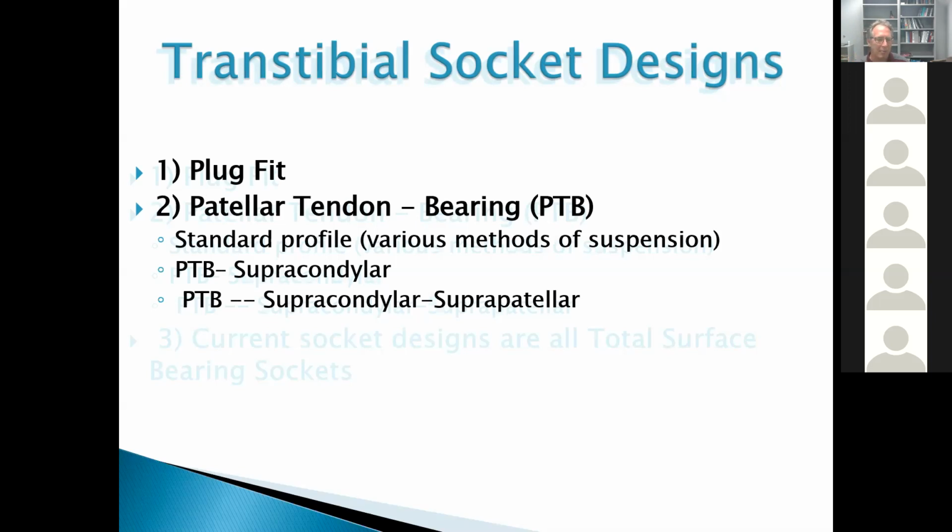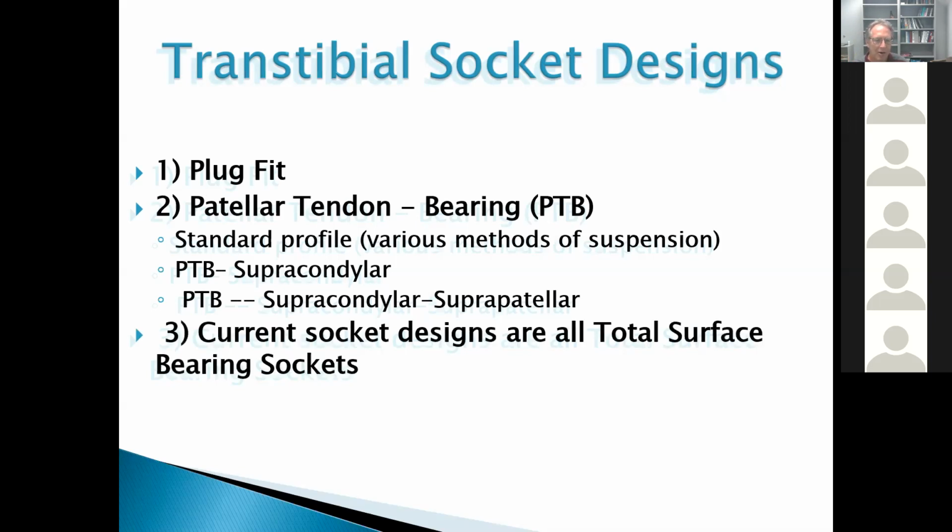So that became popular in the latter half of the 40s, and there's a few types of those. And all current socket designs are total surface bearing. So really the main weight bearing are these areas that we were talking about before, and most actual force is going through the patellar tendon, but we want total contact through the whole residual limb because that helps prevent edema, helps maintain the shape, and also helps distribute the forces a little bit.